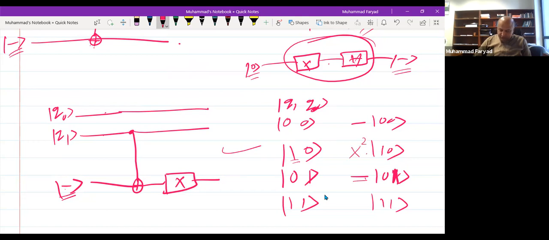So if you want to compute number of X gates, 1 happened here, and this X, and then 2 happened here and 1 here, and when this was 1 1, 2 gates happened over here. So this is like 2 3 4 5 6, so 6 times X gates are applied.